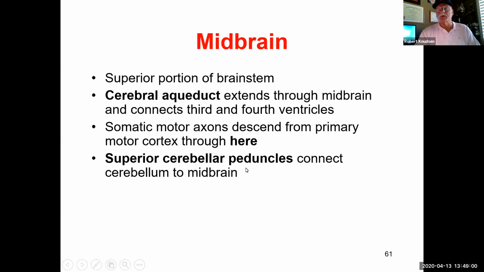Cerebellar peduncles. Remember those three parts I was talking about? The midbrain is connected to the superior cerebellar peduncle. That's like wires that connect the two. So you'll look at it from a sagittal view and you'll see that cauliflower.